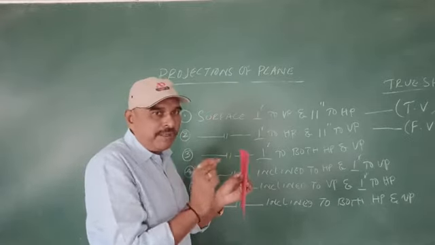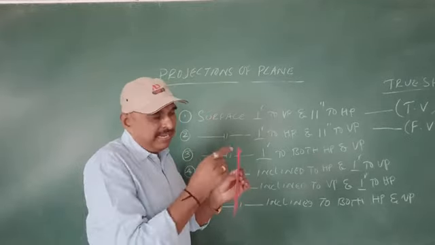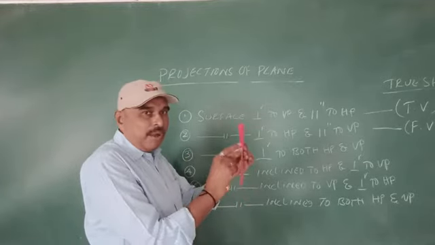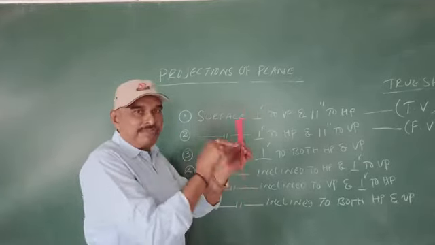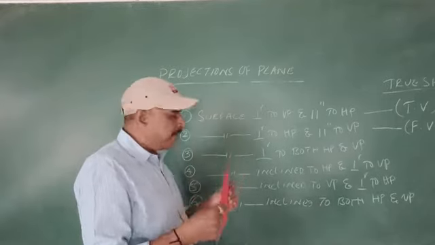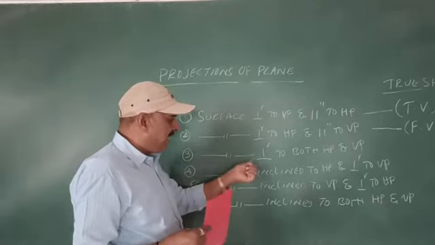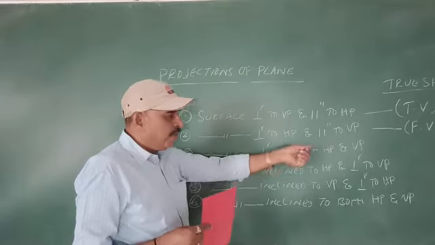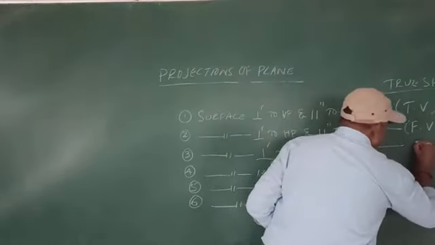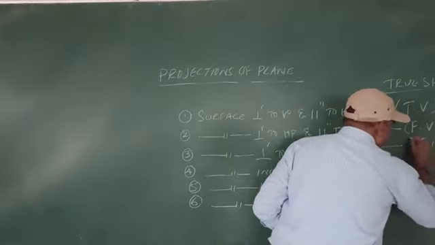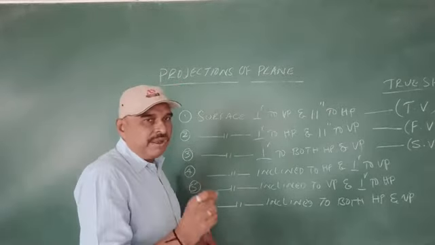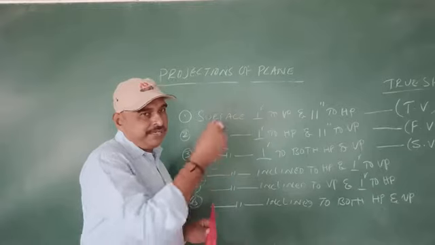That means in the top view also, you are not getting the true shape, and in the front view also, you are not getting the true shape. But when the object is observed from the side, you can see the true shape. That means when the surface is perpendicular to both HP and VP, the true shape can be seen in the side view. That means you have to start the drawing with the side view, then the front view and the top view.